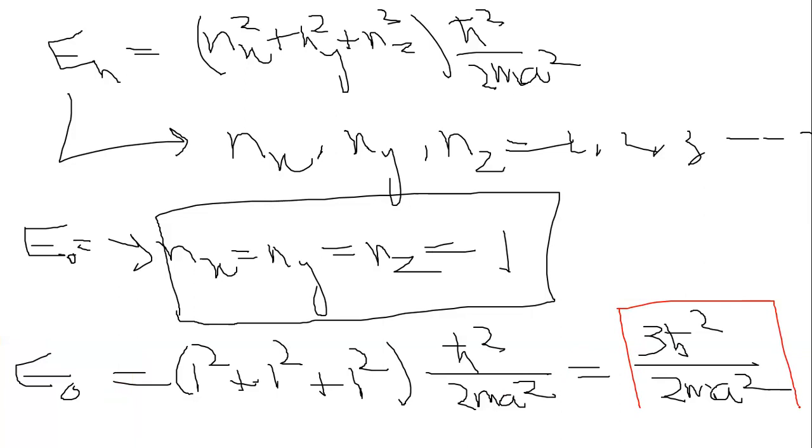So the 0 point energy of a particle present in a three-dimensional infinite box potential is 3 h cross square by 2m a square.